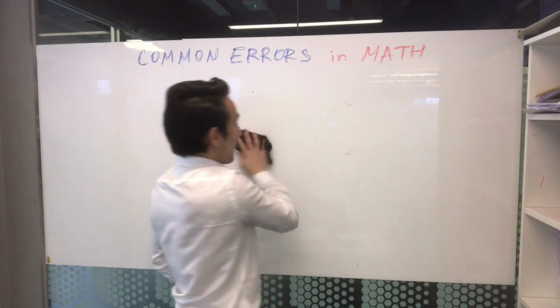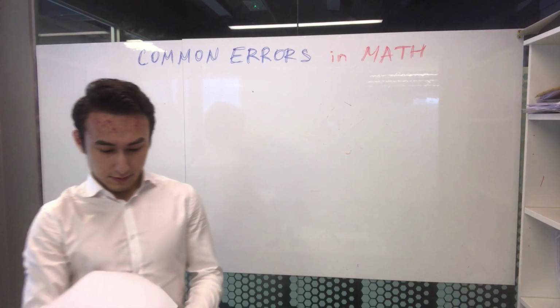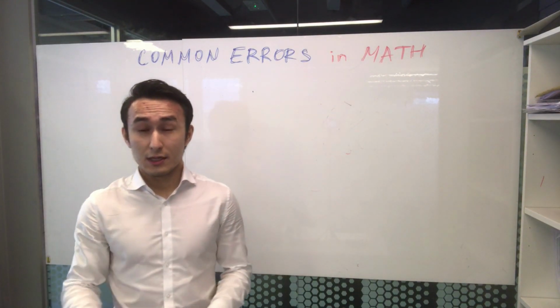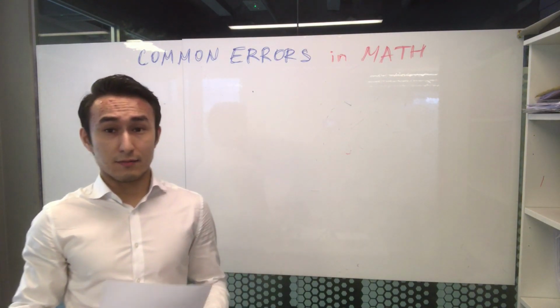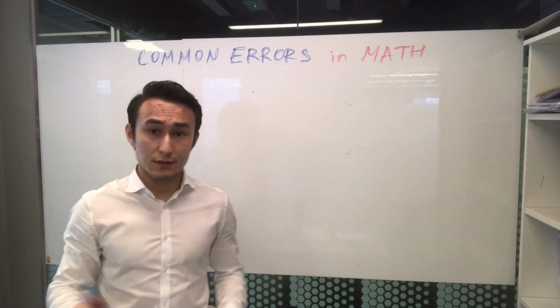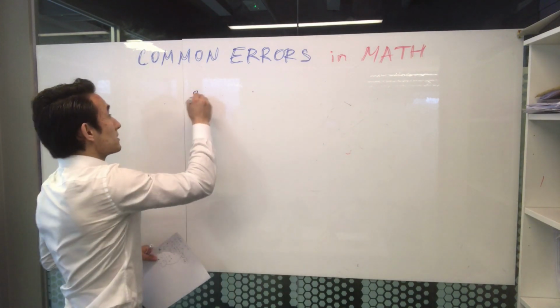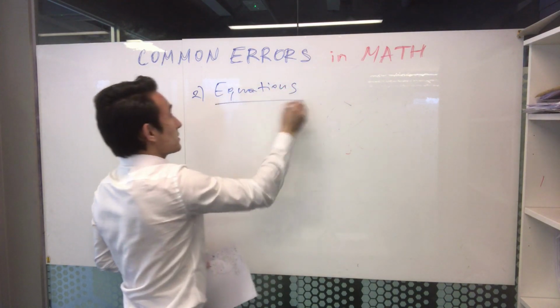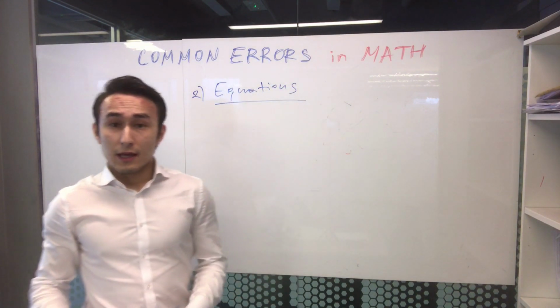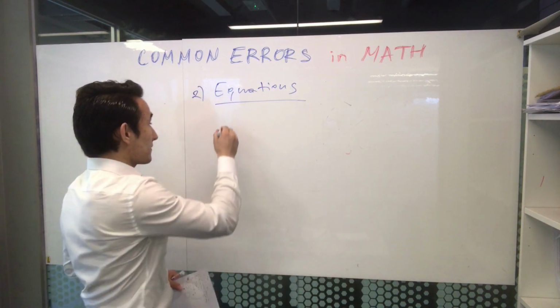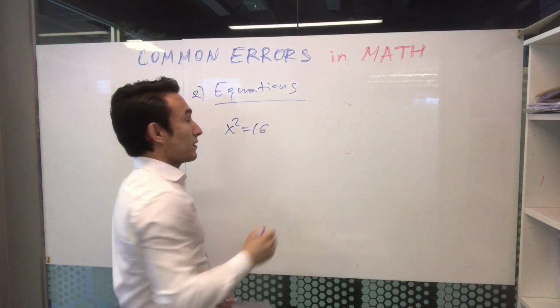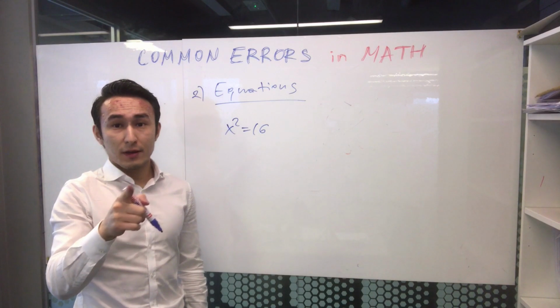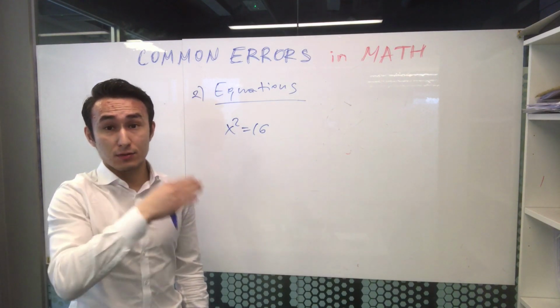Going forward, the second type of mistake happens in equations. So these are basic mistakes, and I hope after watching this video none of you will be making these mistakes. So for example, very simply, x squared is equal to 16. Some of you might think there is only one answer here, x equal to 4.